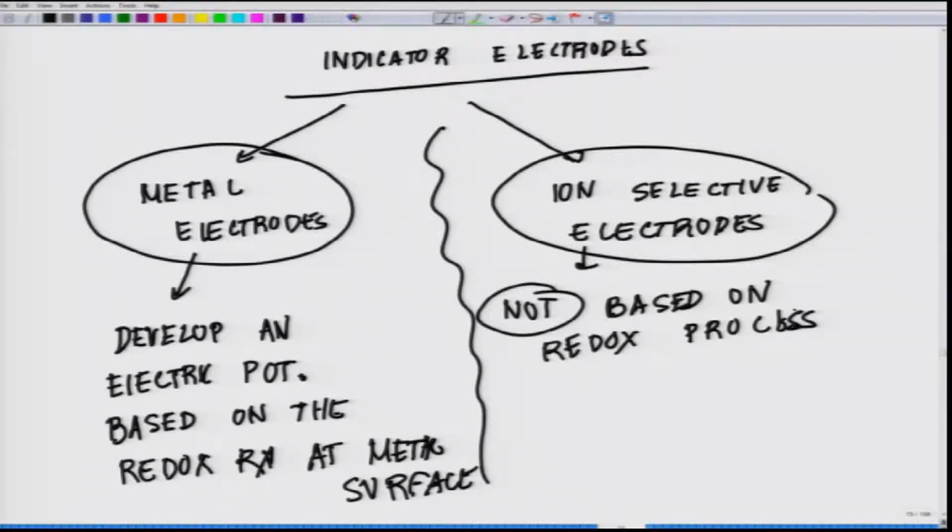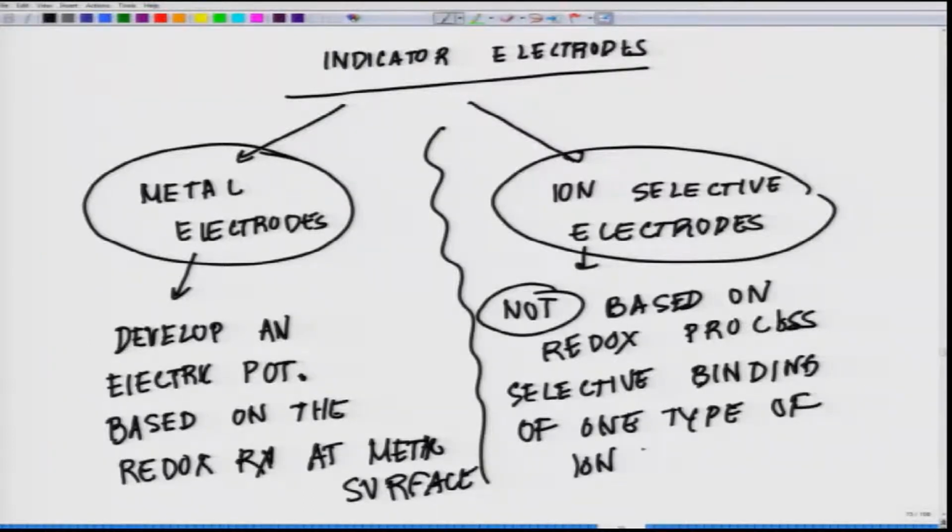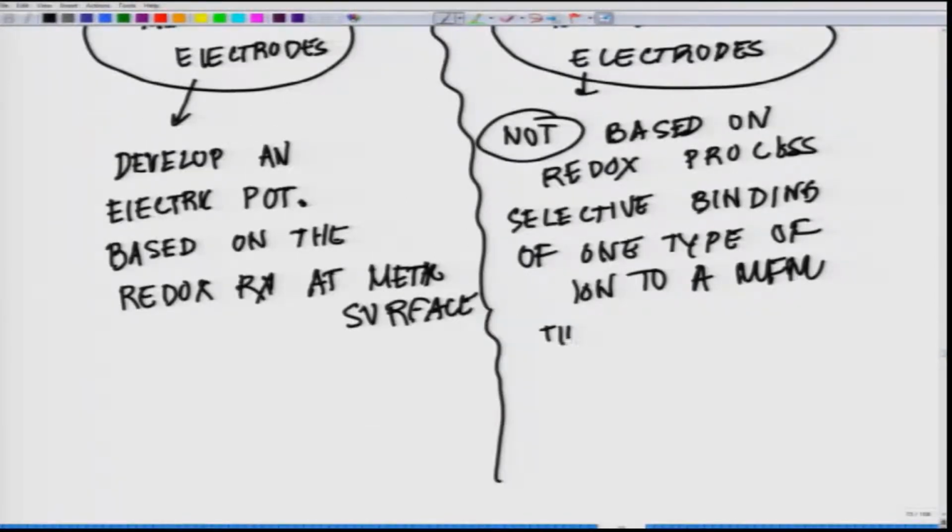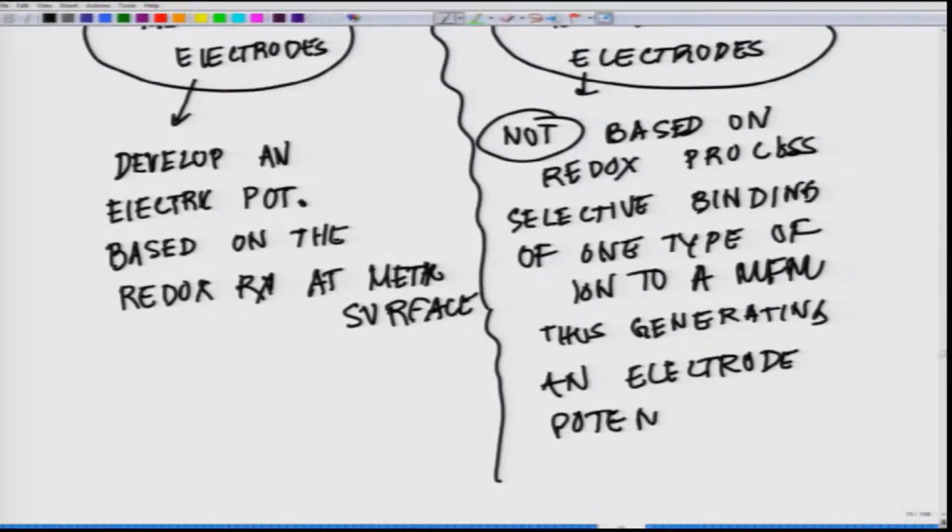Instead, they rely on selective binding of one type of ion to a membrane, thus generating an electrode potential.